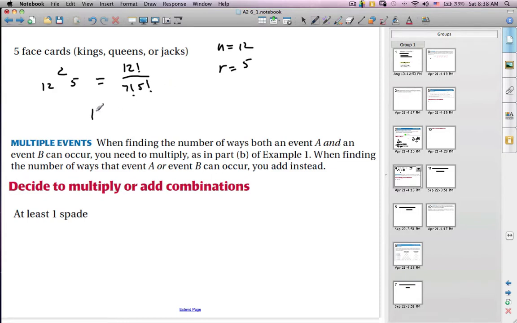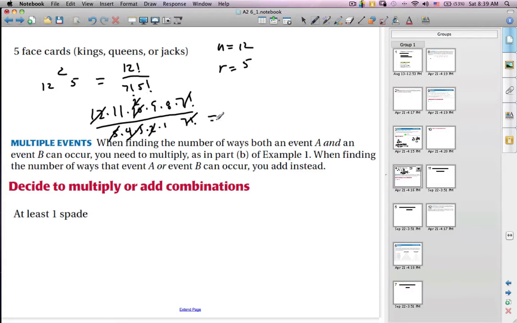Okay, so 12 factorial is 12 times 11 times 10 times 9 times 8 times 7 factorial, which will cancel with the 7 factorial. And 5 factorial is 5 times 4 times 3 times 2 times 1. So these cancel. And I know that 5 will go into 10 and leave 2. 4 times 3 is 12, so those will cancel with that completely. 2 will get rid of that too.